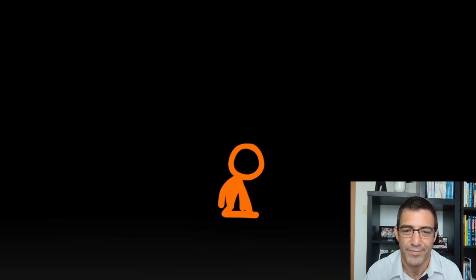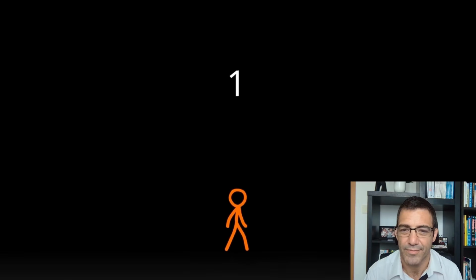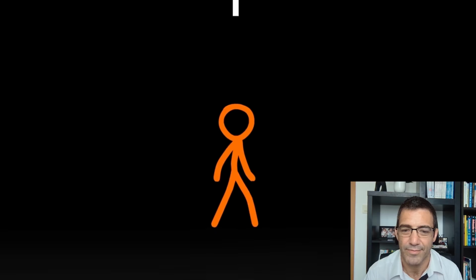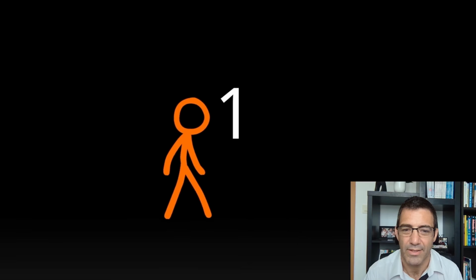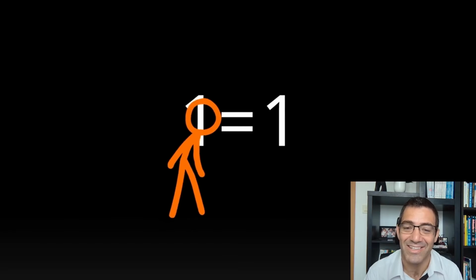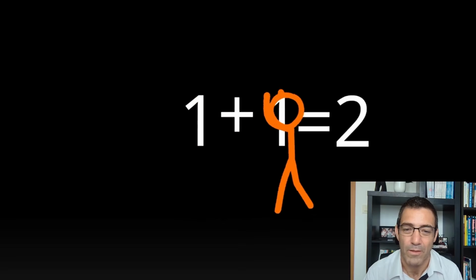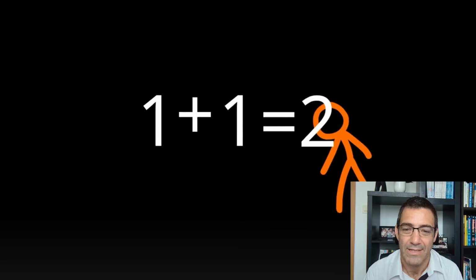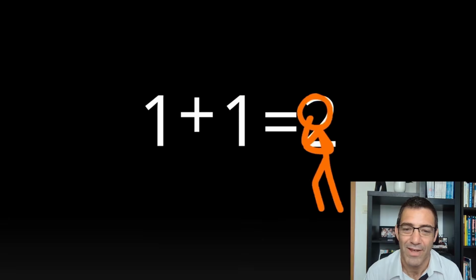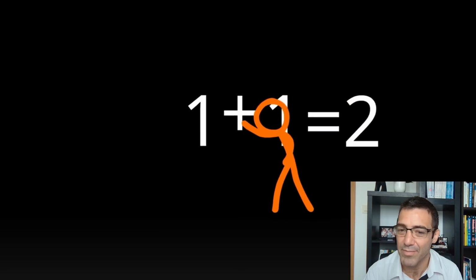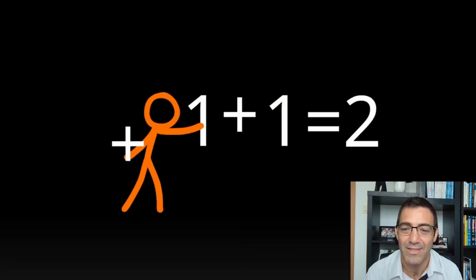Here we go, we start with a stick man. It all starts with the number 1 and the equal sign. Fun fact, we use the equal sign because nothing can be more equal than two parallel lines.